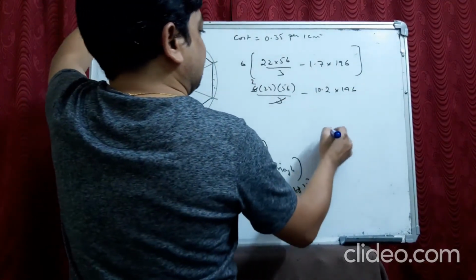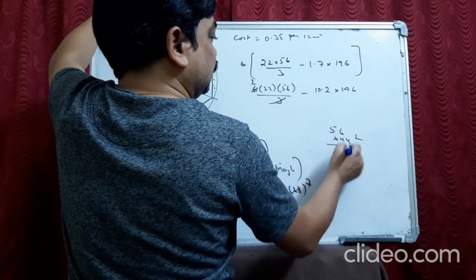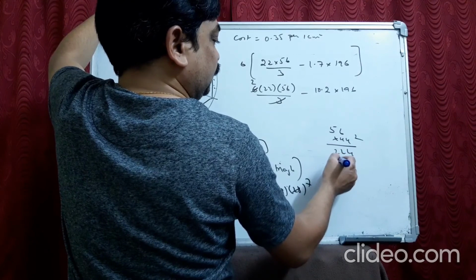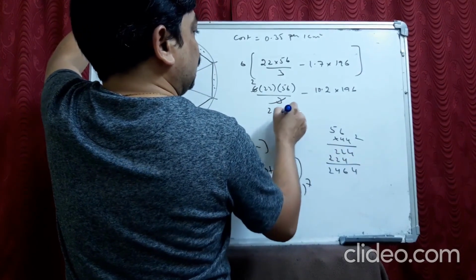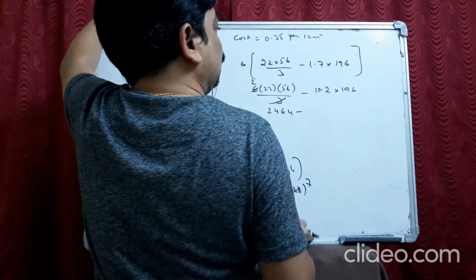So 56 into 44 is 2464 minus 196 into 10.2.